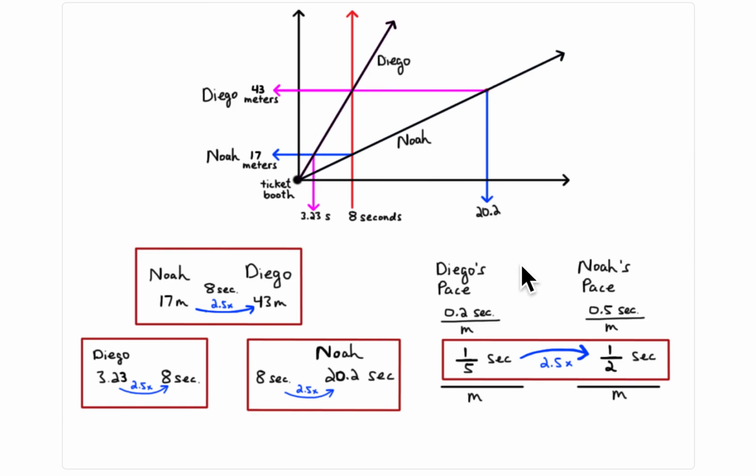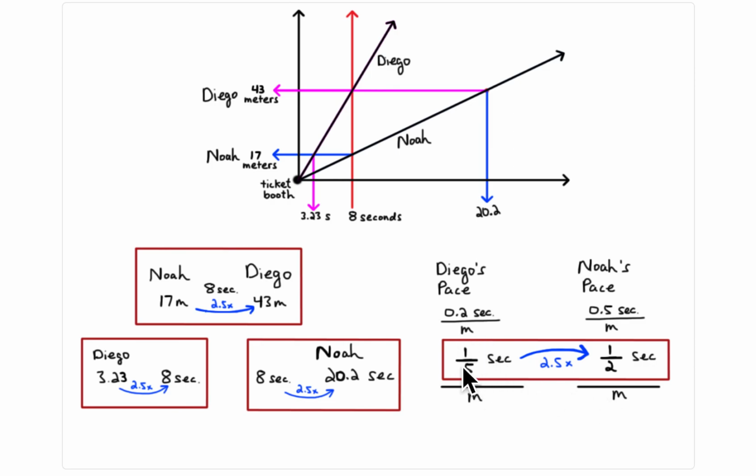And I said earlier that the 1/5 of a second for Diego's pace and the 1/2 of a second for Noah's pace, that relationship is also 2.5 times. So Diego's pace is about 2/10 of a second per meter. Noah's pace is about 5/10 of a second per meter. That's about 1/5 of a second per meter for Diego's pace, and about 1/2 of a second per meter for Noah's pace.